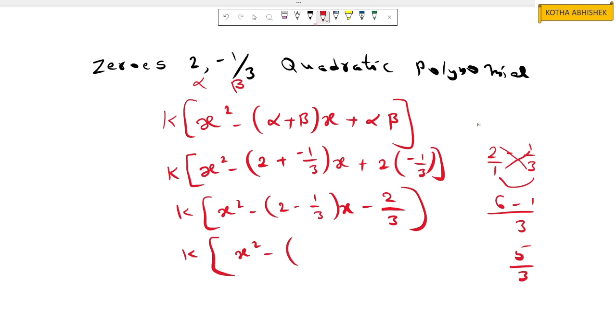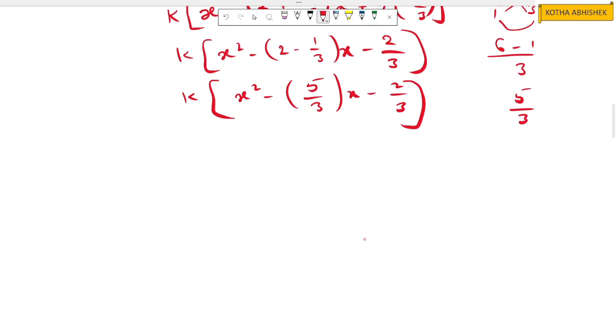So 2 minus 1 by 3 is the same as 5 by 3 times x as it is minus 2 by 3 as it is. Let us close this. Now k as it is into, I am removing the brackets, x square minus of 5 by 3 x is minus 5 by 3 x minus 2 by 3.